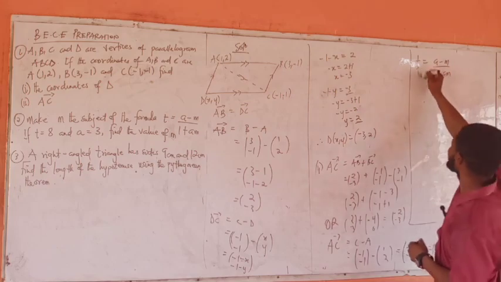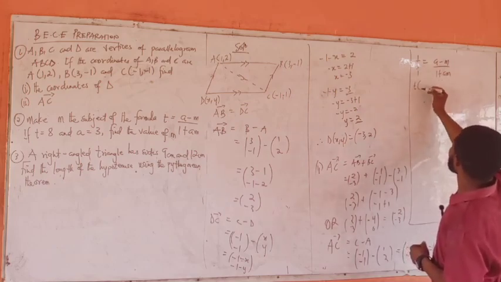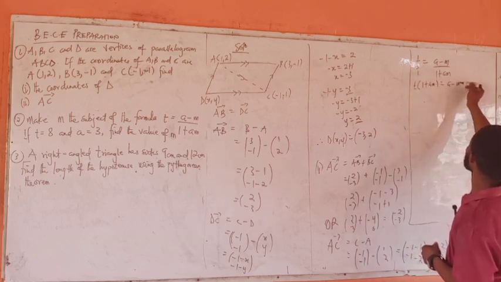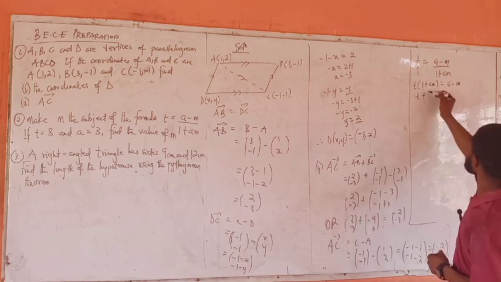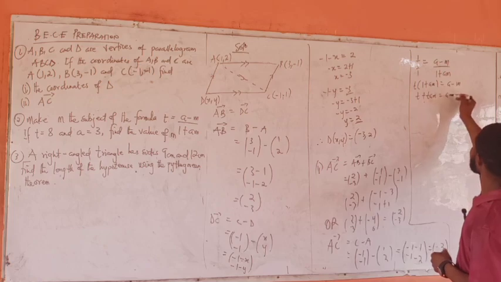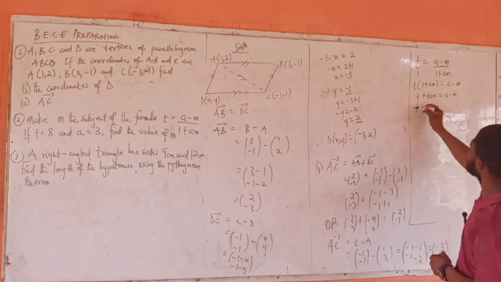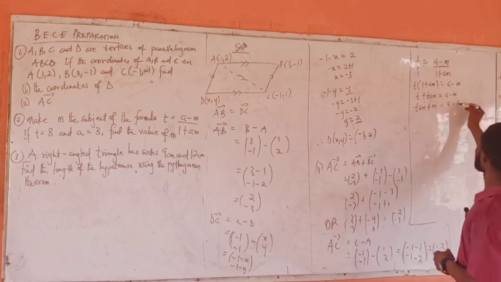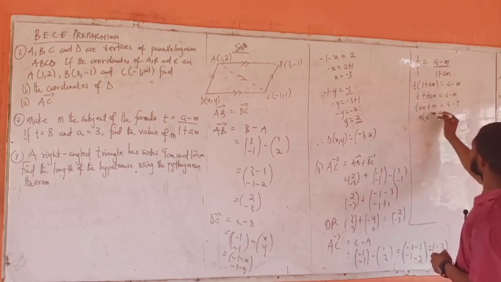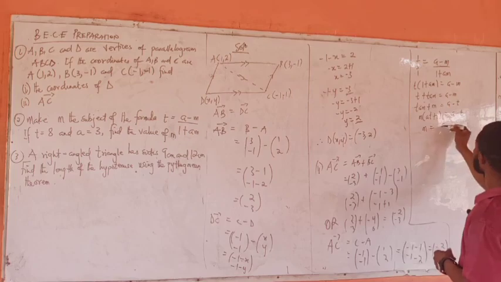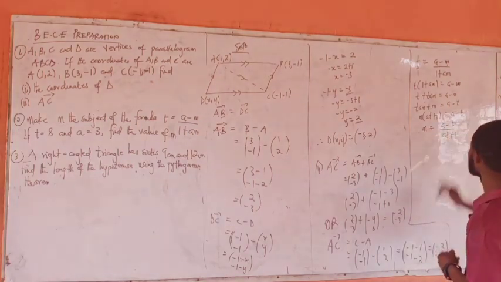Cross multiplication: T plus TAM is equal to A minus M. So TAM plus M is equal to A minus T. Factor M out: M(AT plus 1) equals A minus T. M is equal to (A minus T) over (AT plus 1).